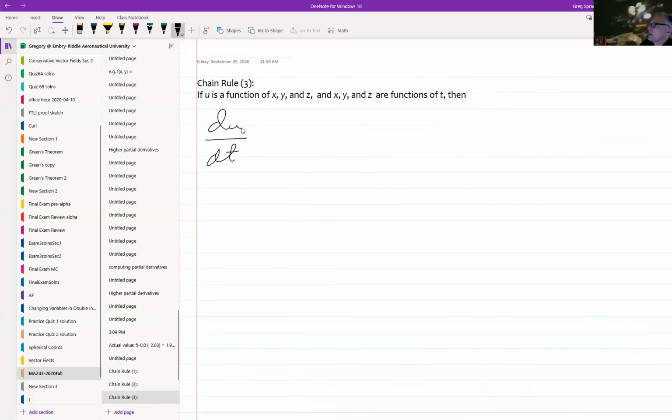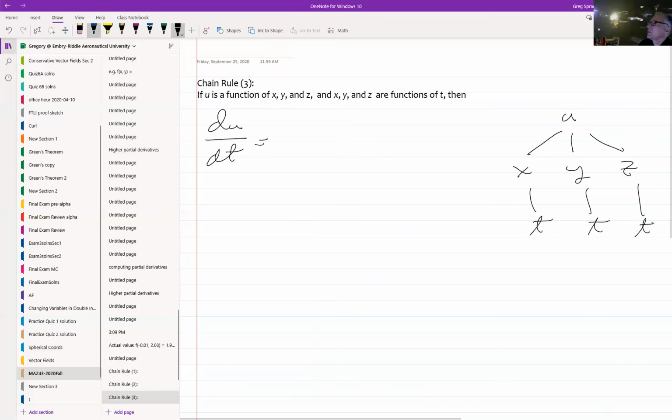And to write down that chain rule, I'll draw the tree diagram. So the dependent variable is u, intermediate variables are x, y, and z, and the independent variable is t. And to find du dt, I take all the paths from u to t, multiply the partial derivatives along each path, and then add those products.